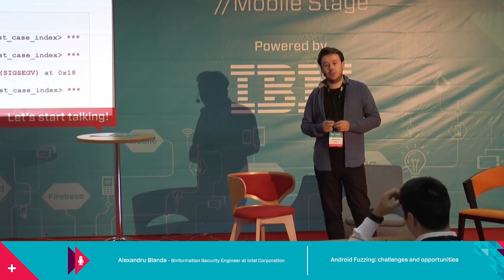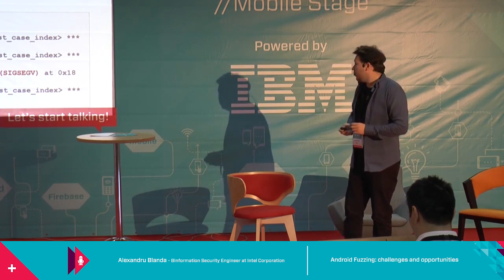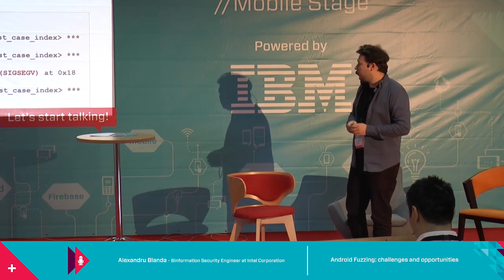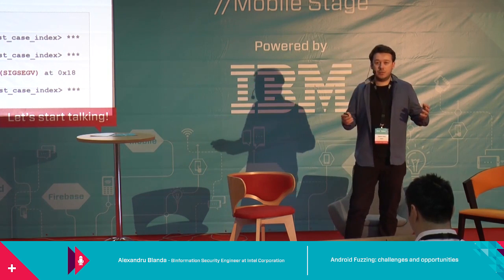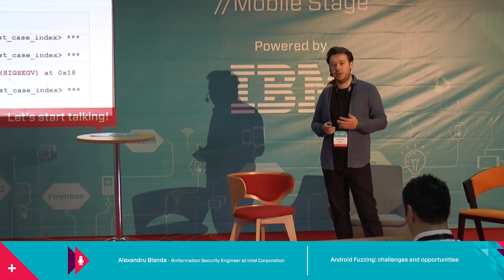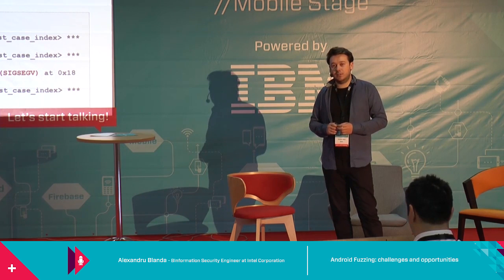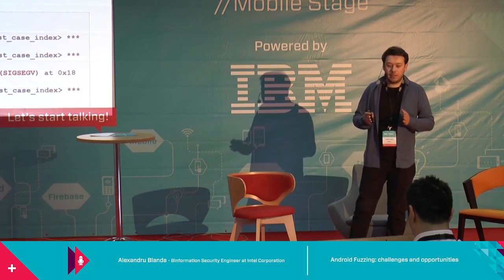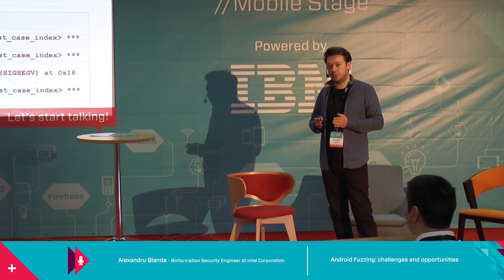So when we encounter a fatal message that was generated by the system, we will know that it was caused by exactly the test case above. For example, in the case of Stagefright fuzzing or media fuzzing, when we send a malformed media file to be decoded by the specific decoding library in Android, we send a message containing exactly the name of the media file that we have tried to execute on the device.